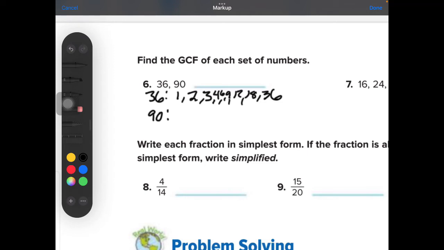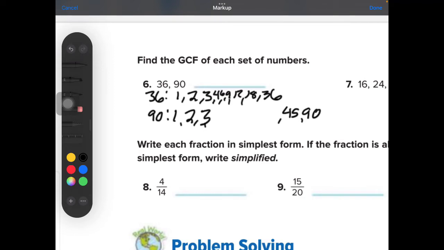90. Well, I know we have 1 and 90. And then let's do 90 divided by 2, which is 2 and 45. Then we divide it by 3. 90 divided by 3.